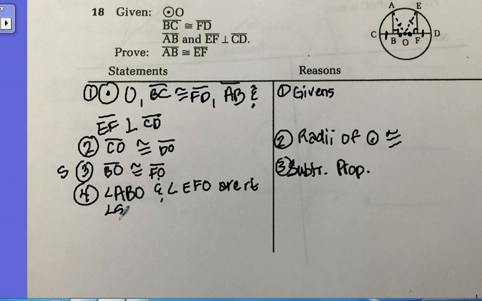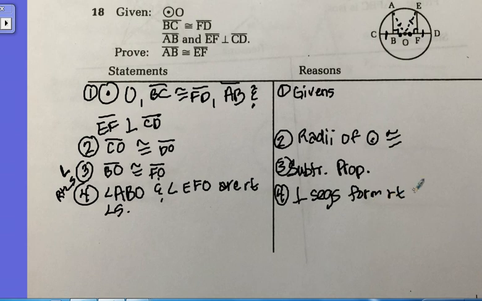Now remember that since we're using HL postulate, we don't need to state that they're congruent angles. We just need to state that they're right angles. So I shouldn't have said side. I've got a leg here, and these are right angles.